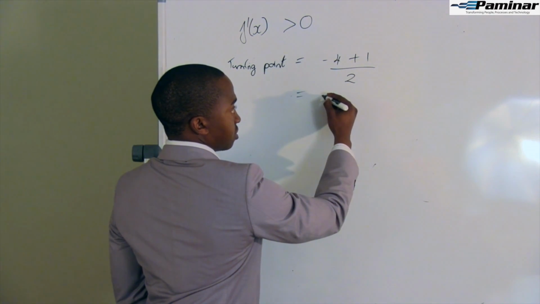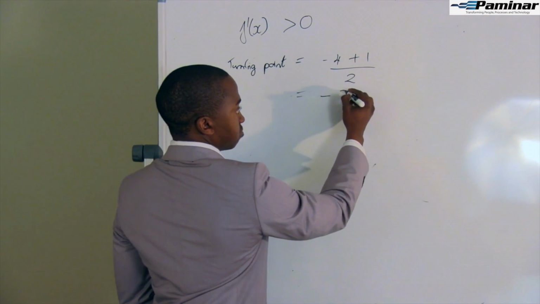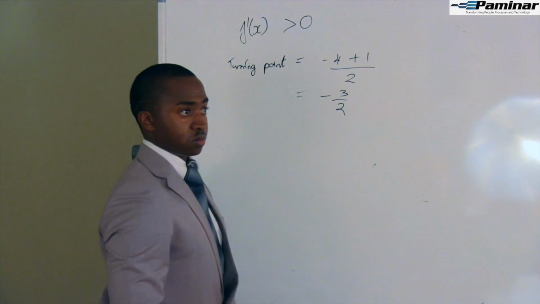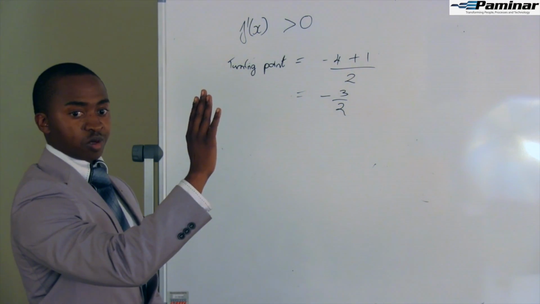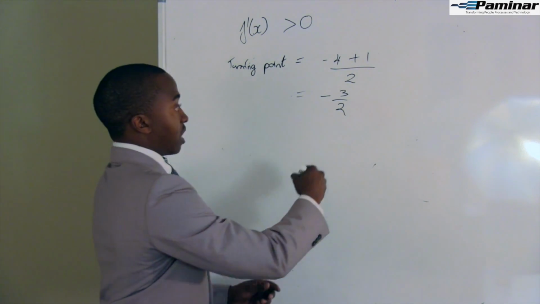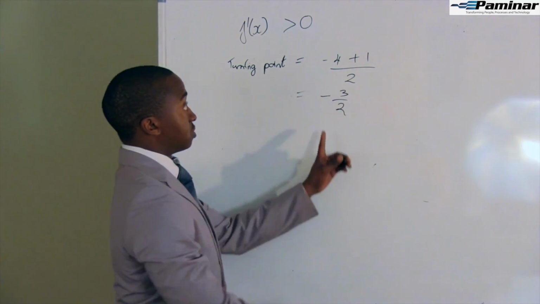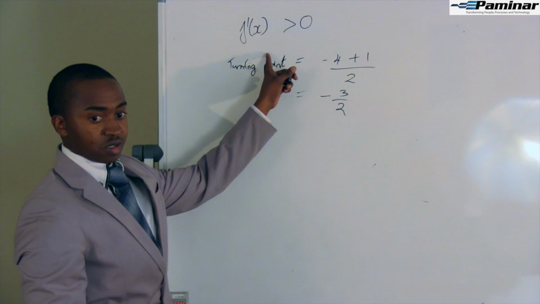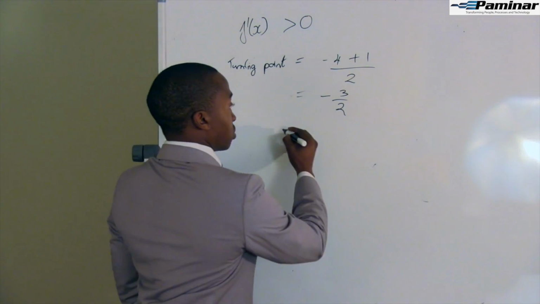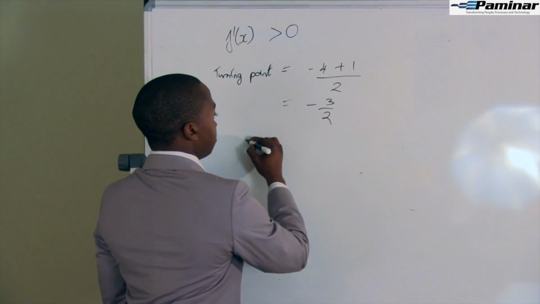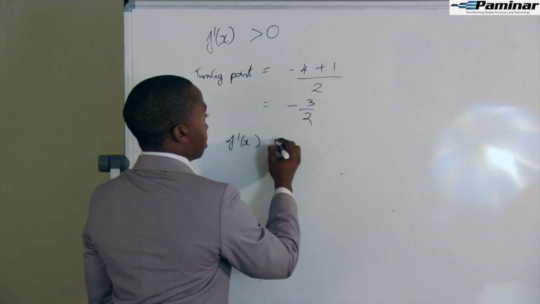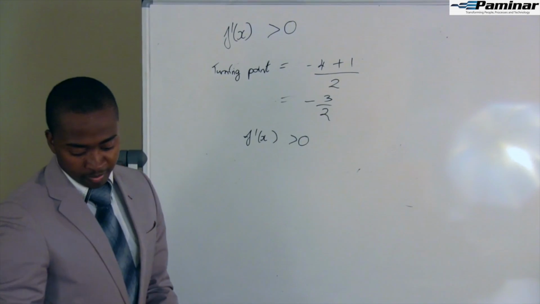Then you just solve for that, and it should be -3 over 2. That would be your turning point, that's the x value. And then this is the value of f prime x at that point, so at that point f prime x should be greater than 0.